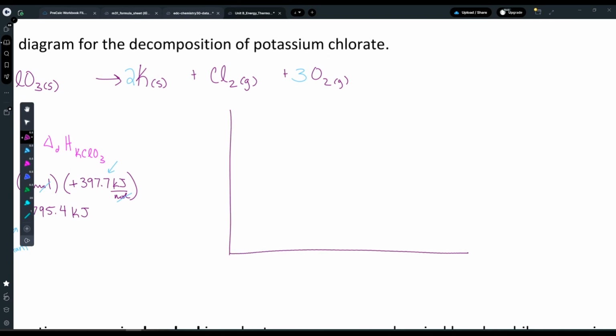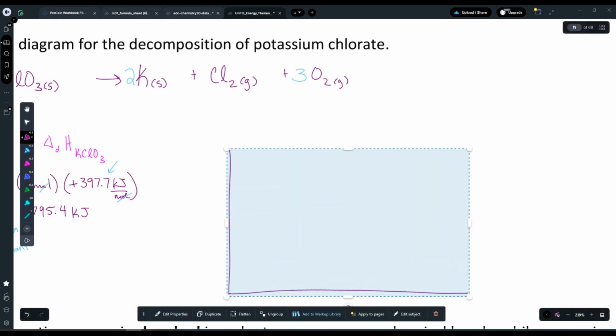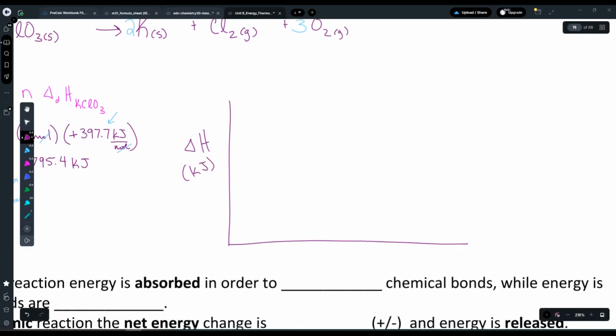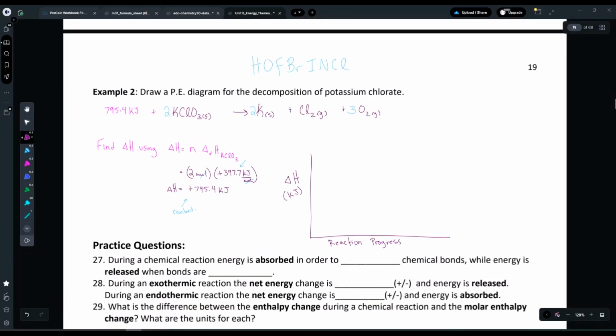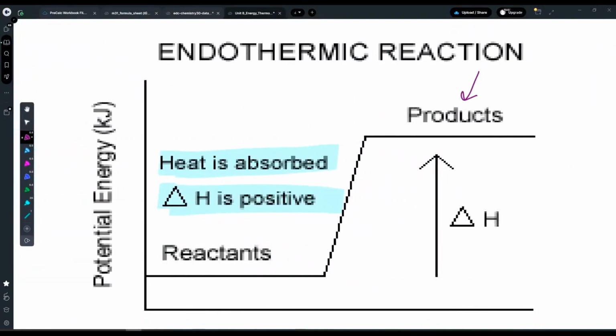So I'm going to label my axes. I'm going to have to scooch this down a little bit so I can fit in my title. So delta H, kilojoules, reaction progress, and since it's an endothermic reaction, that means my products have more potential energy than my reactants.